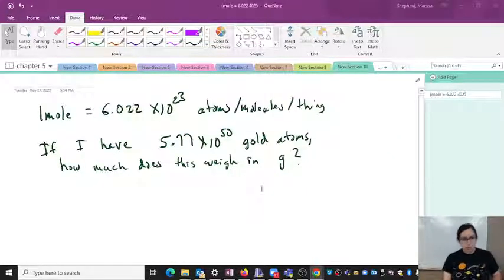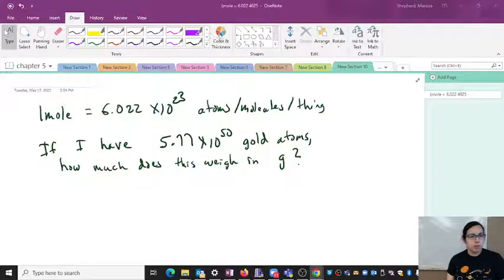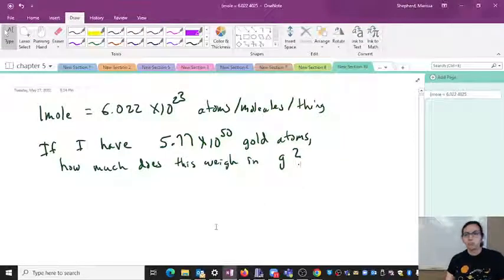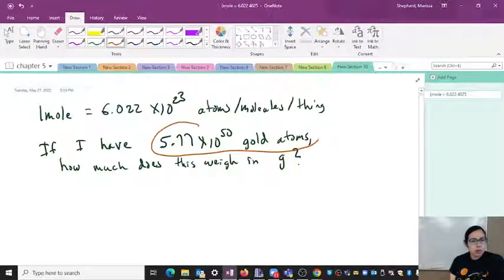So what's our first step in this problem? This is what I'm starting with: 5.77 times 10 to the 50th gold atoms.